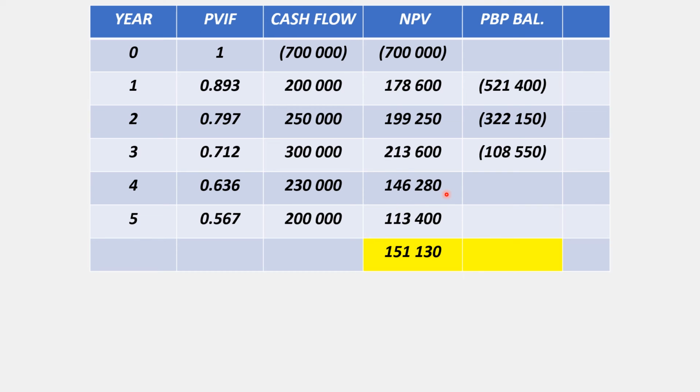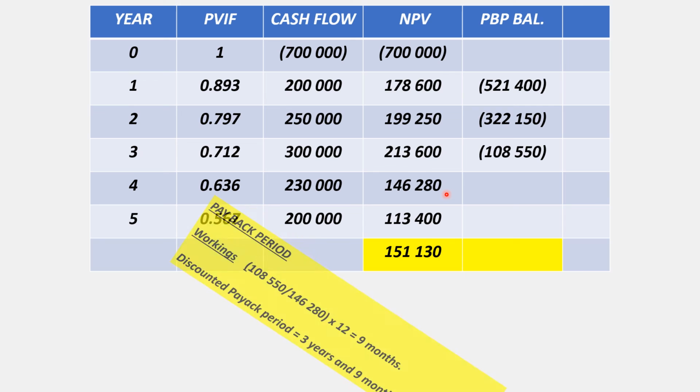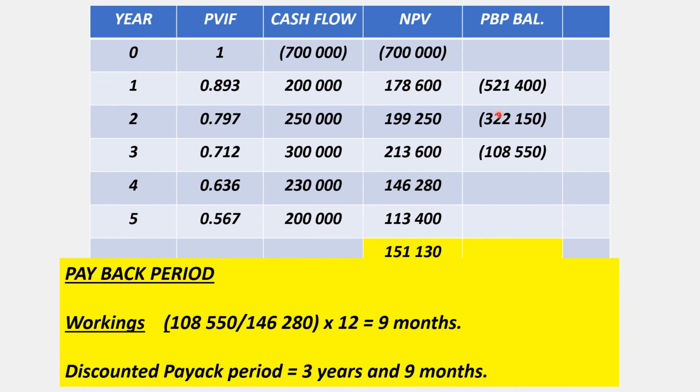So to calculate the payback period, it would be 1, 2, 3 years, and the number of months it would take for this amount to be paid off in the fourth year here. We calculate that: 108,550 divided by this, and we multiply it by 12 to get the number of months, approximately 9 months. So a discounted payback period is equal to 3 years and 9 months.